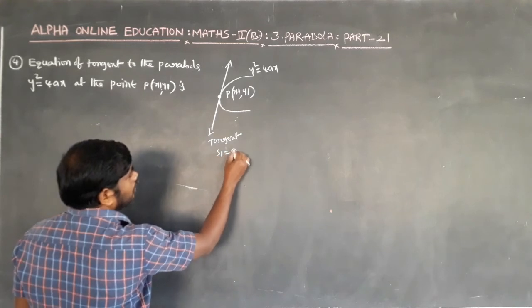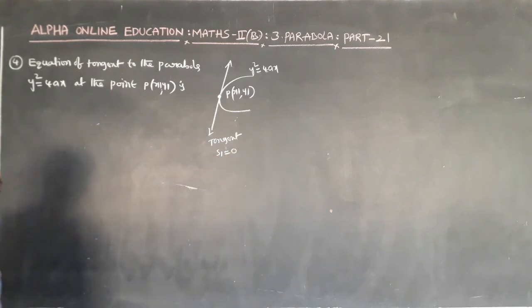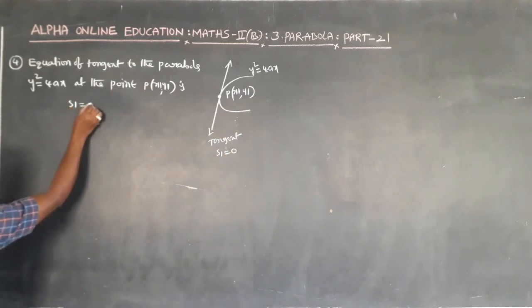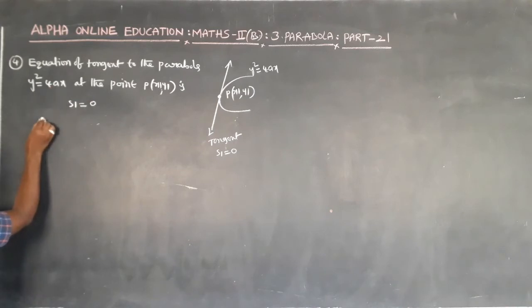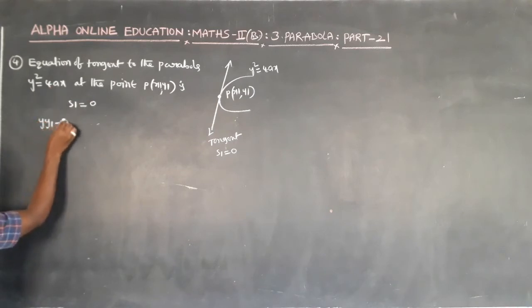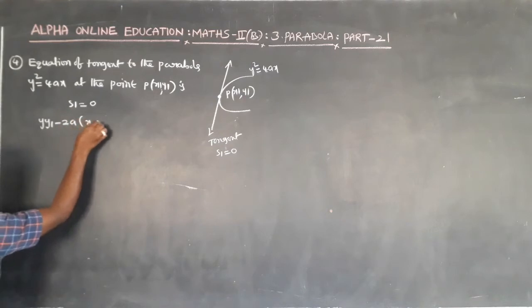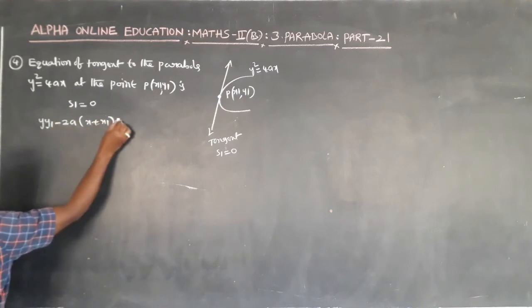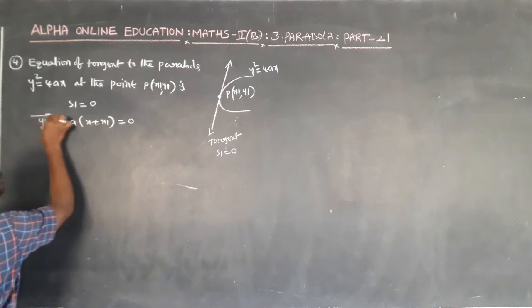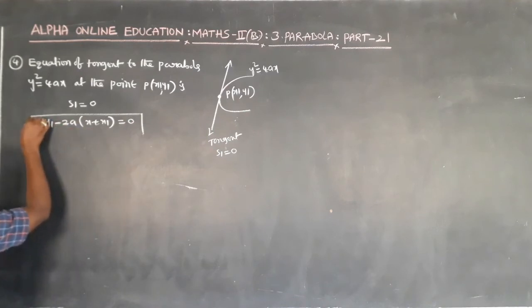Tangent formula: S1 is equal to 0. S1 is equal to 0 means y y1 minus 2a into x plus x1 is equal to 0.